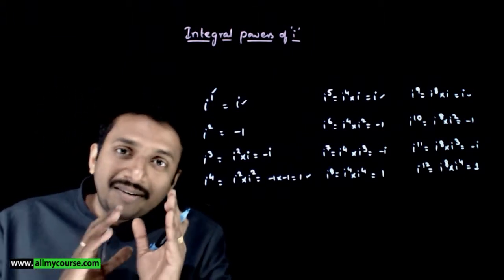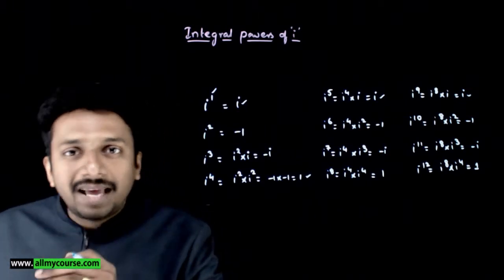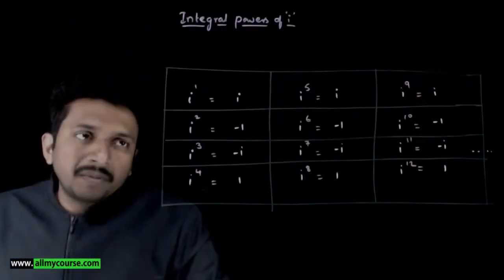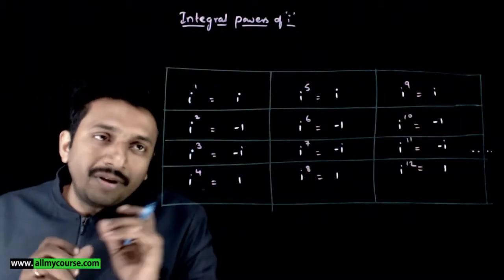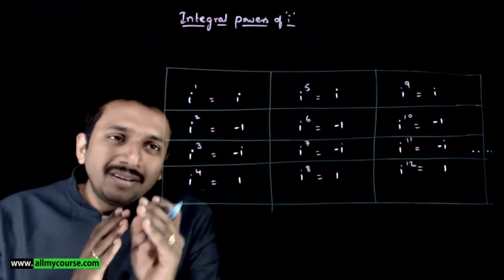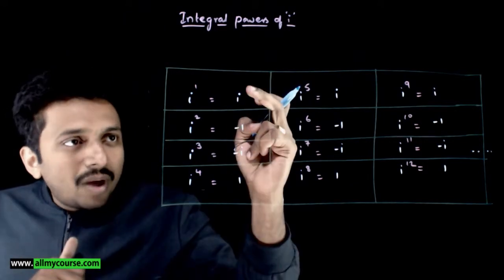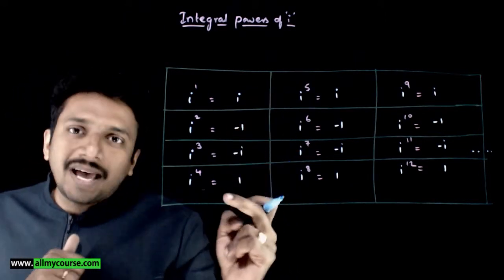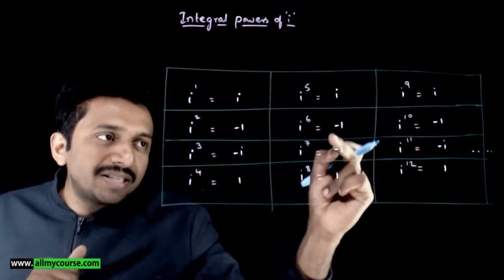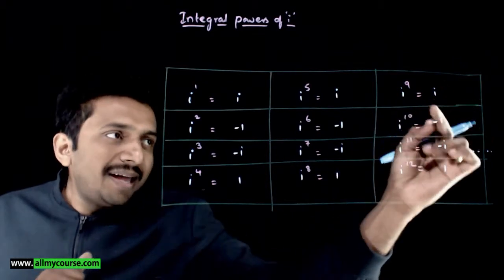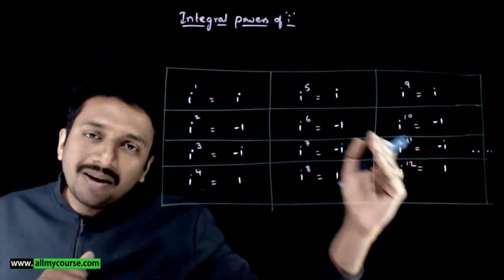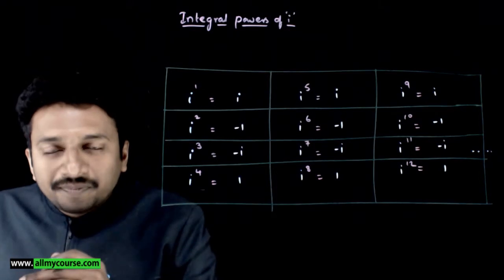So now let us try to write this in a nice tabular form. So in this table, you can very clearly see what is happening as you increase the powers of i. i, minus 1, minus i, 1; i, minus 1, minus i, 1; i, minus 1, minus i, 1, and this pattern continues.